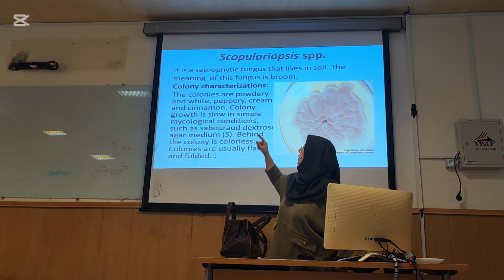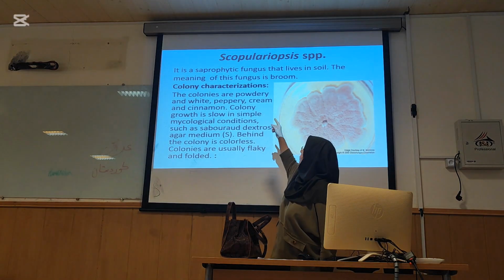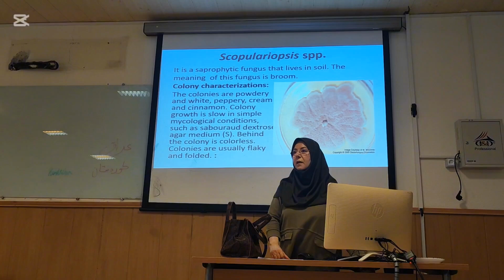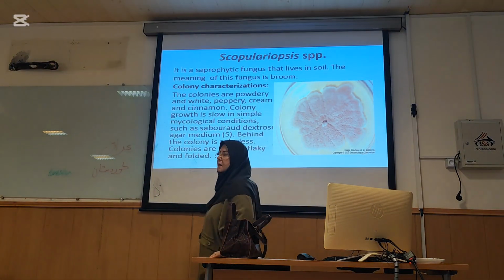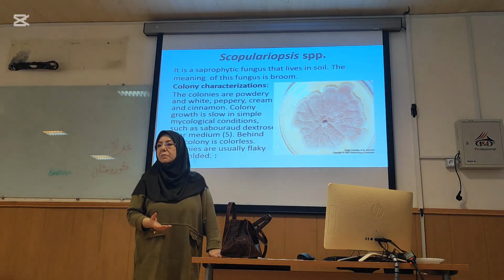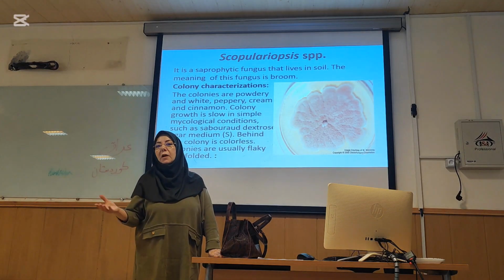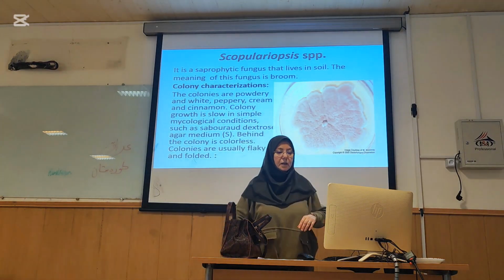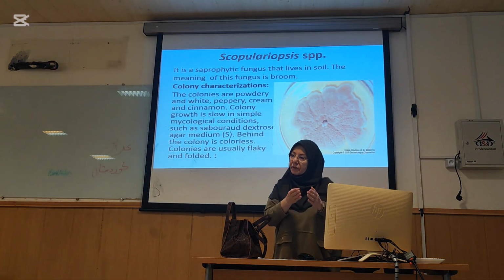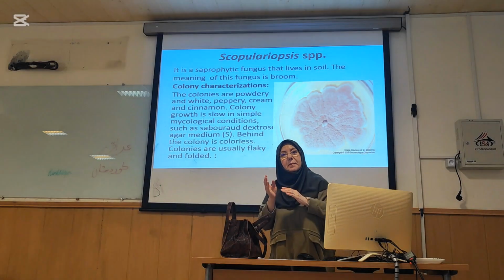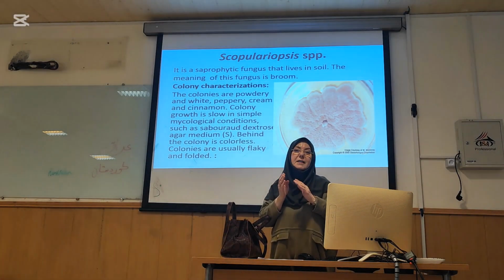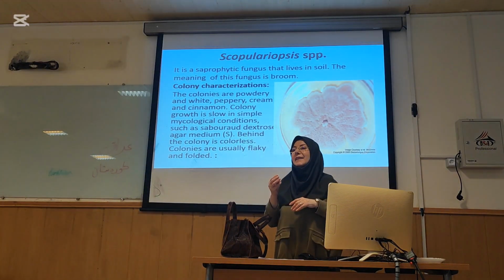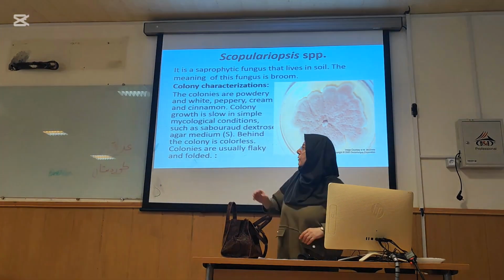Another saprophytic fungus that we have in the practical world is Scopulariopsis. Scopulariopsis in Latin means broom, like Penicillium. As you see in the next slide, the shape of this fungus is the same as Penicillium, and it has three branches.